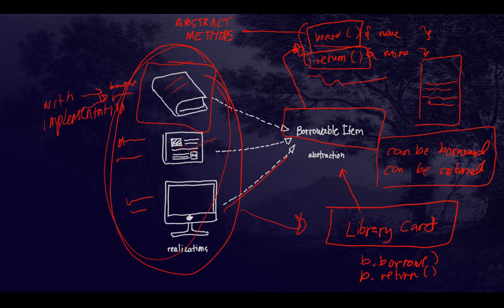It just so happens that a library card is treating it just like any other borrowable item. And this is an example of polymorphism, because in this specific context, a specific instance of book is treated as one form, which is borrowable item, but it behaves as another form, which is specifically a book.